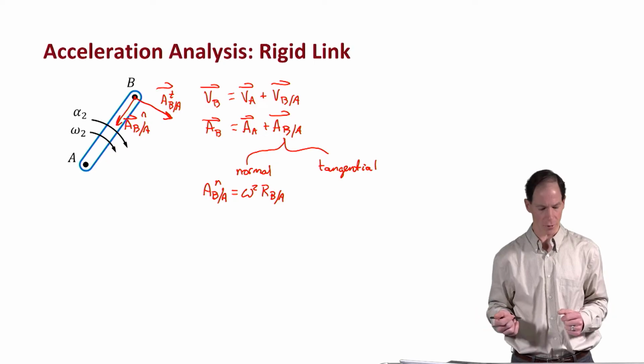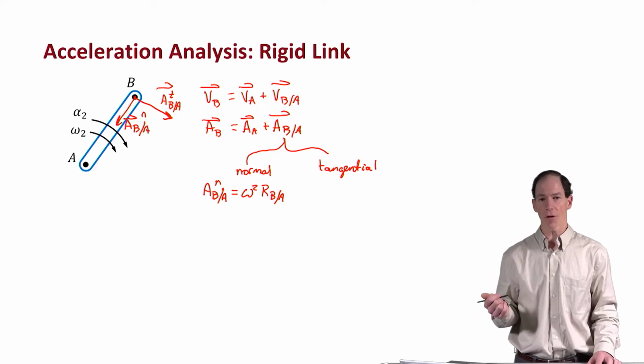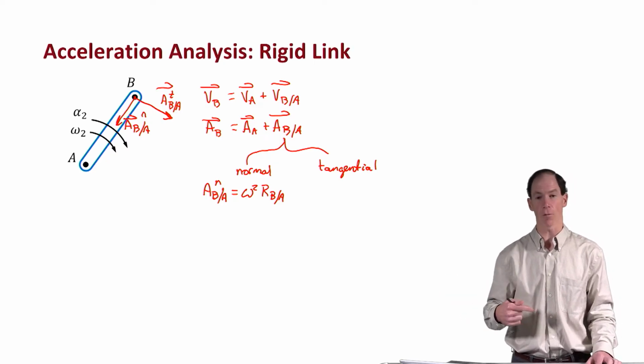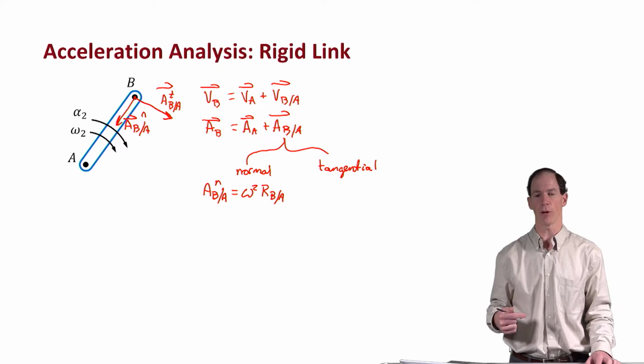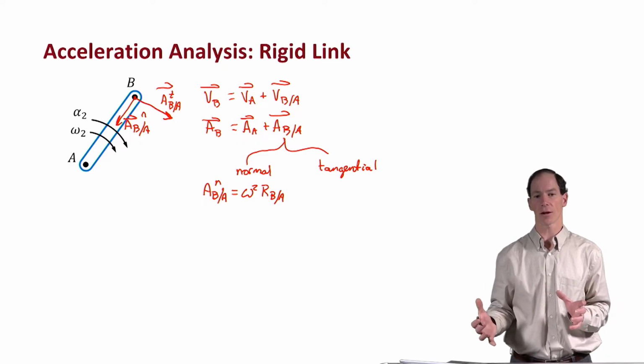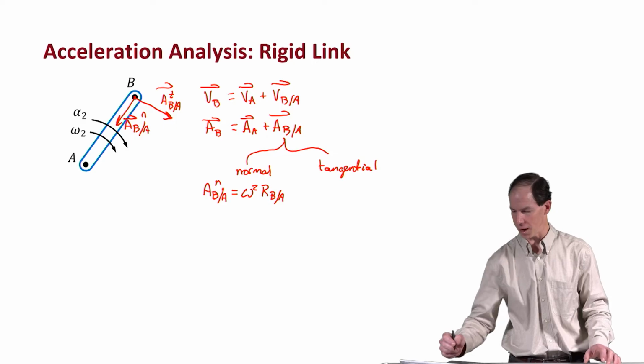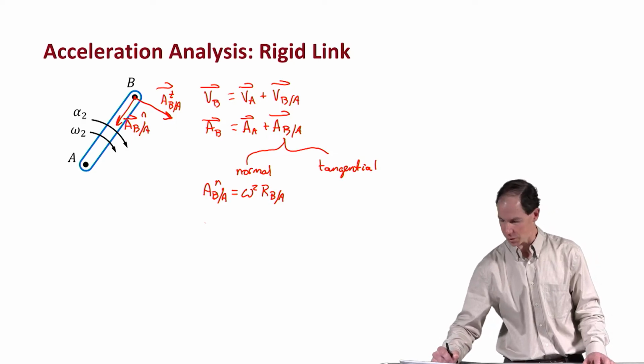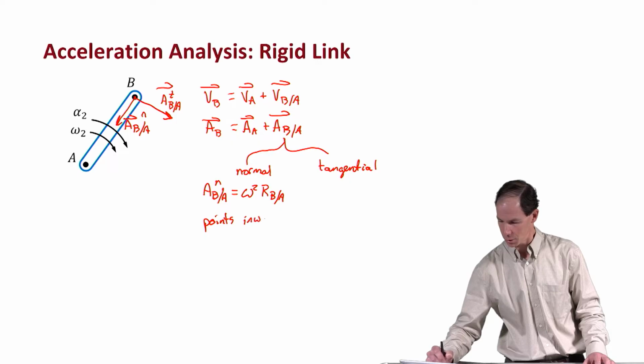We've seen that many times in physics. One thing to pay attention to is that this is pointing inwards, or the opposite direction of R_BA. When we approach this analytically later, we'll see where that comes from in terms of the math. But for now, just realize this points inward, or opposite R_BA.